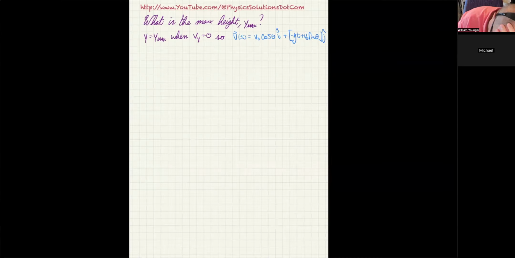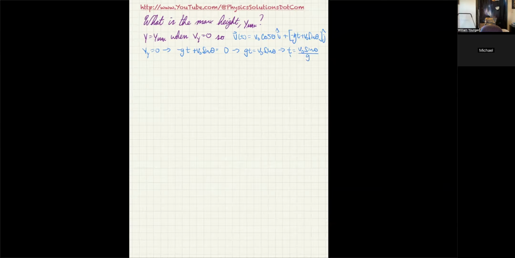So vy equals 0 implies negative gt plus v0 sine theta is equal to 0. And that tells us that gt is equal to v0 sine theta, or specifically t is equal to v0 sine theta over g.